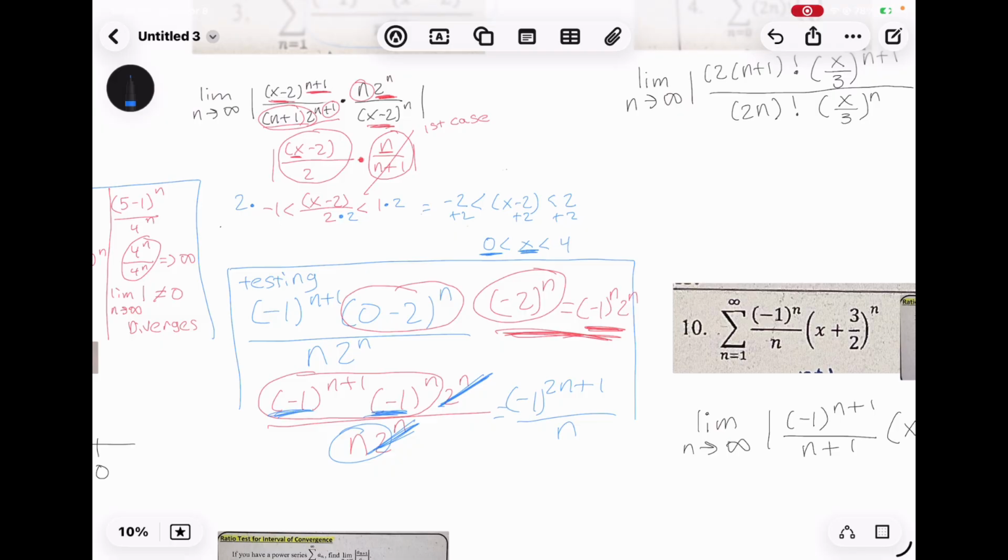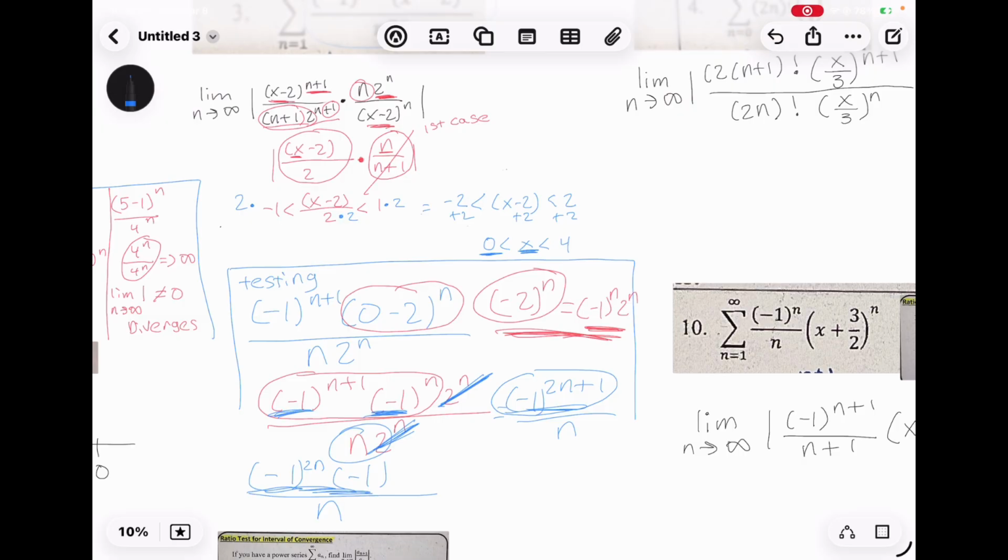And that still isn't really clear whether it diverges or converges yet. So if we were to simplify this even further, this would be negative 1 to the 2n, and then we would have negative 1, and then this is over n. Okay, I just split these two up for this one right here.